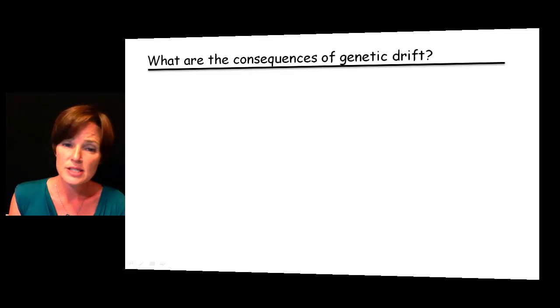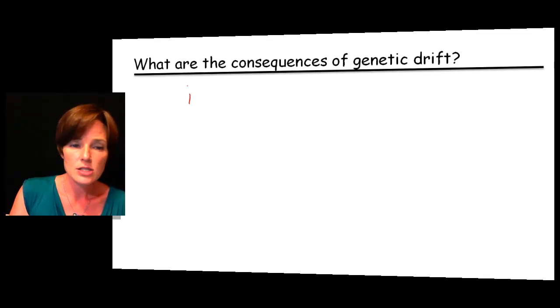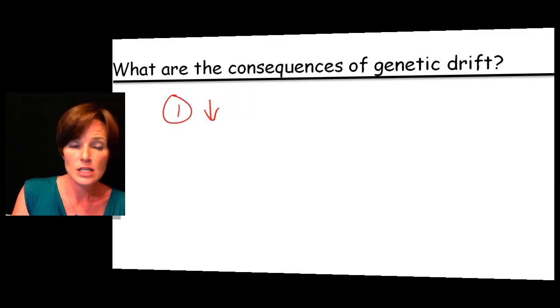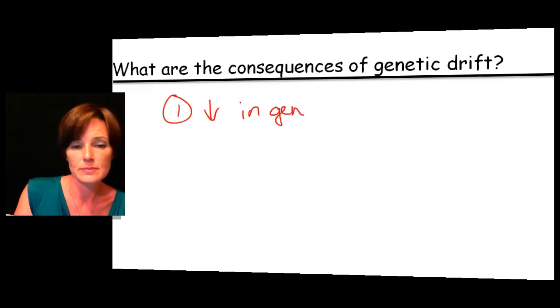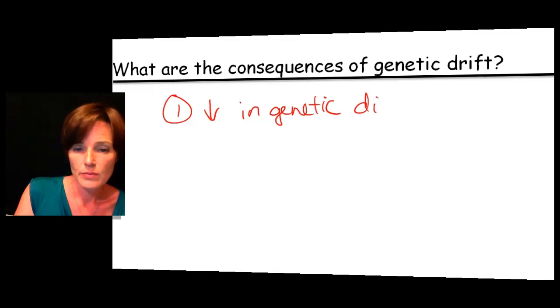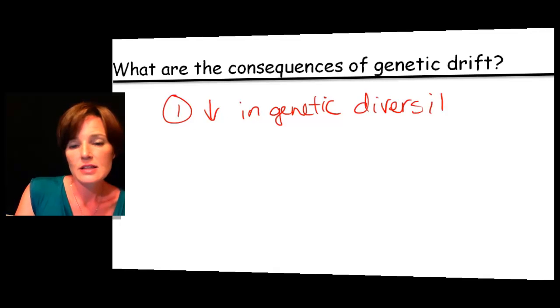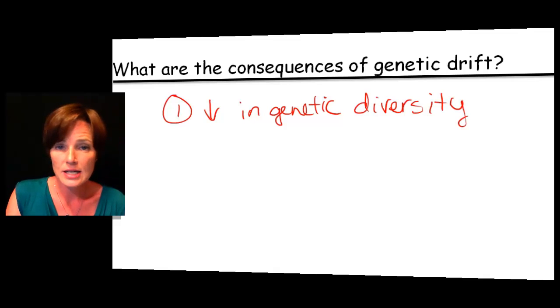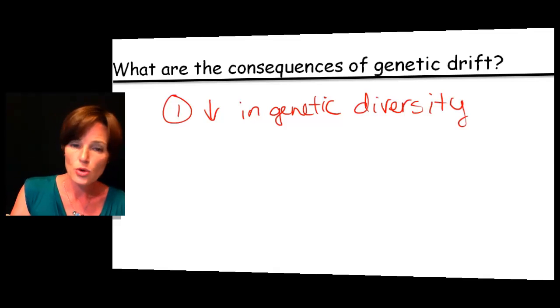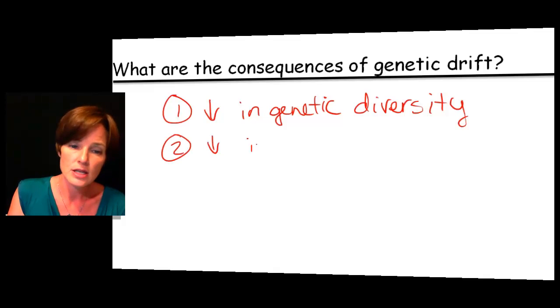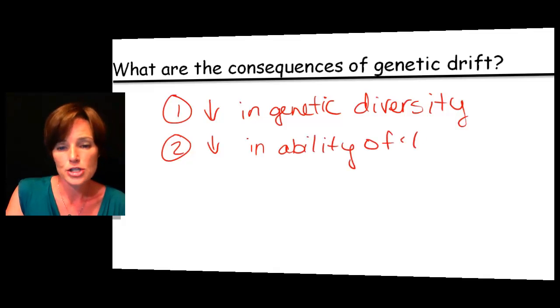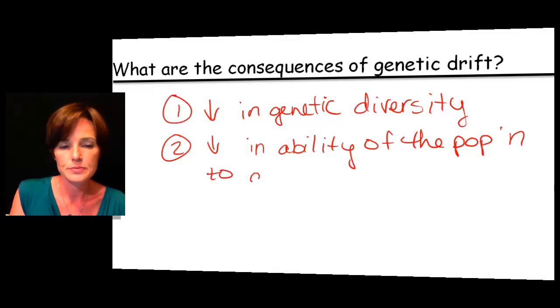All right, so the consequences of genetic drift, we've already mentioned these, but the main consequence is that there is going to be a decrease in genetic diversity. We'll see that this has a direct impact on natural selection. What this is going to do is lead to a decrease in the ability of the population to adapt.